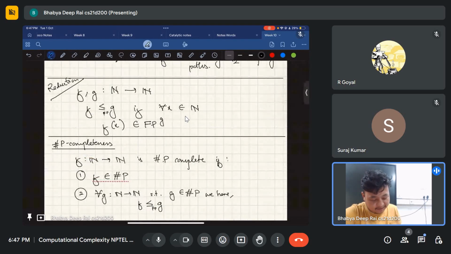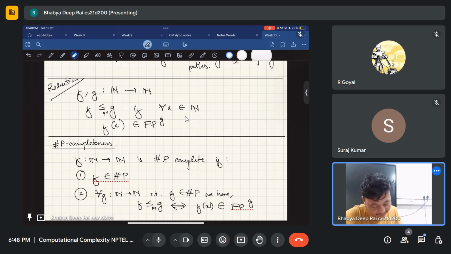And this is nothing but f of x is in fp of g. No, sorry, what am I doing? It should be everything reduces to f. G reduces to f. Everything in fp reduces to f, which is nothing but you can decide g with oracle access to f.